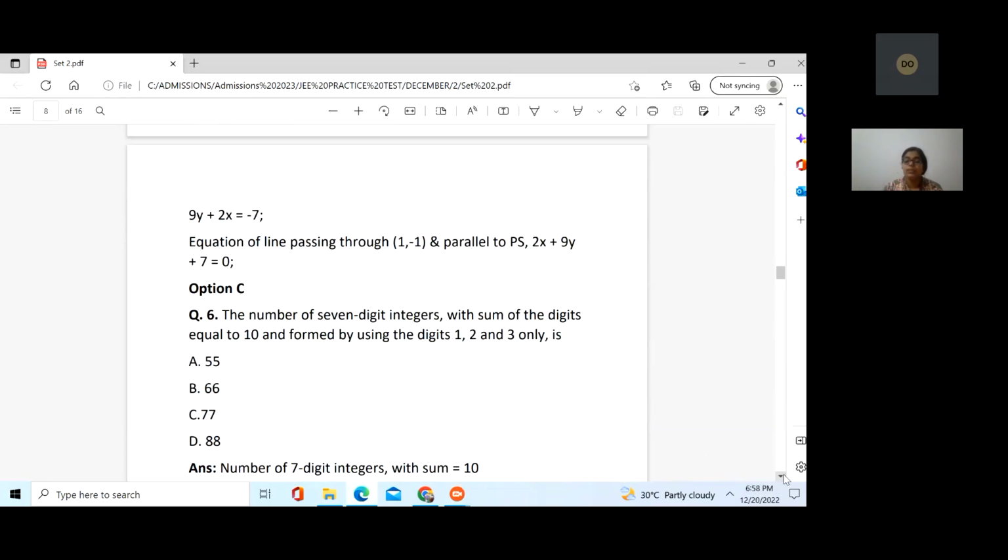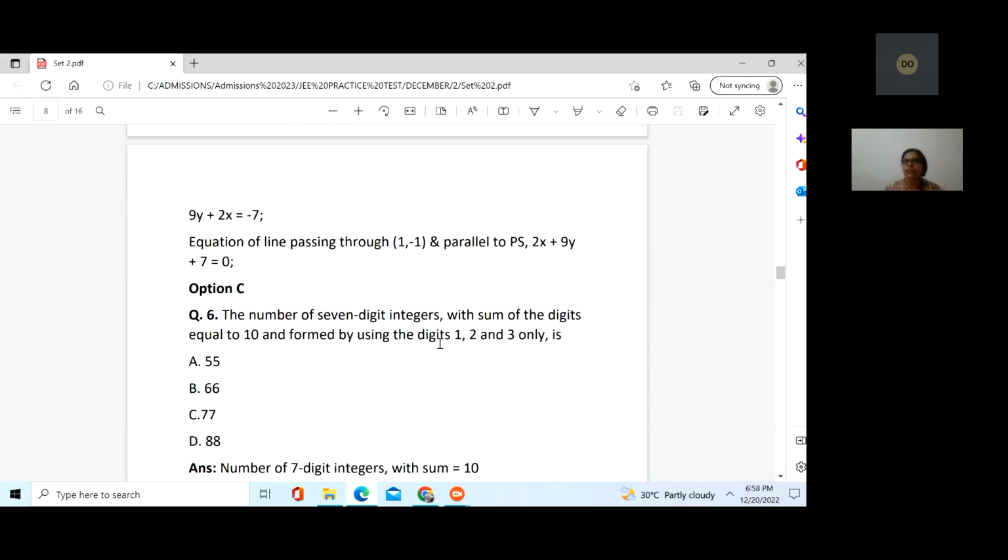This is a very simple question. The number of 7-digit numbers with sum of the digits equal to 10 and formed by using digits 1, 2, and 3 only is... I need to form a 7-digit number, and the sum of the digits should be 10. It is formed by using digits 1, 2, and 3.